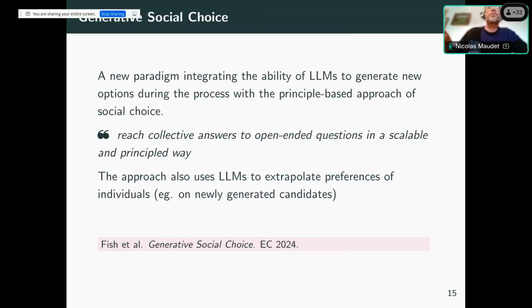The idea is to reach collective answers to open-ended questions in a scalable and principled way. That's quite new, and I will mention work which is quite related to this area. The idea is that LLMs can provide new options during the process and also can be used to extrapolate preferences of individuals.